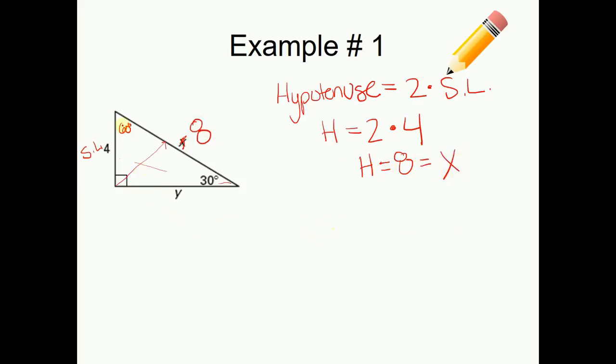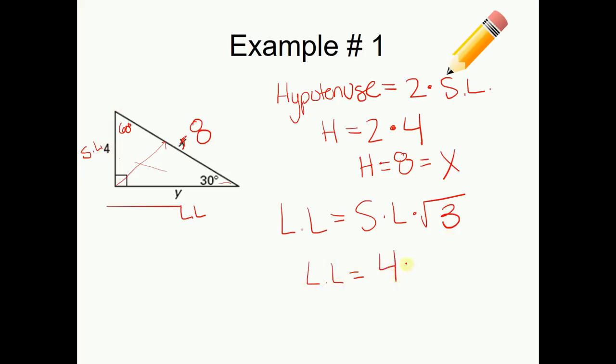Okay? Then across from the 60, this is my long leg. We need to find the long leg. Now, long leg is equal to my short leg times the square root of 3. So basically short leg with a square root of 3 attached on. So my short leg is 4, so my long leg is 4 times the square root of 3.